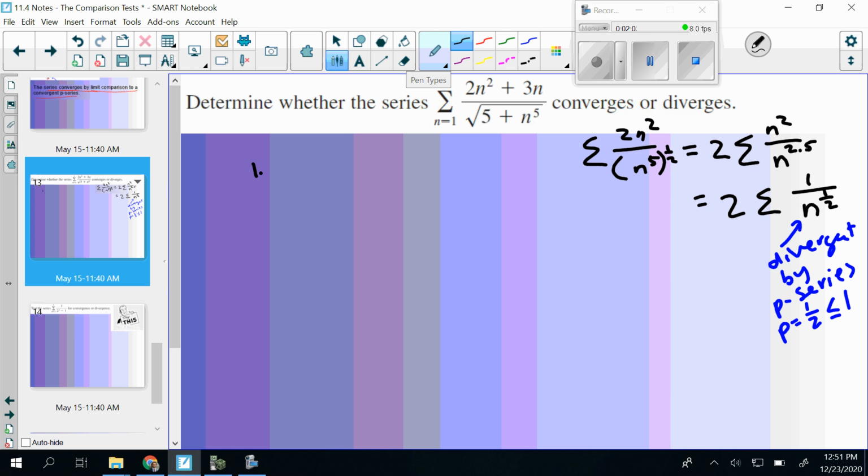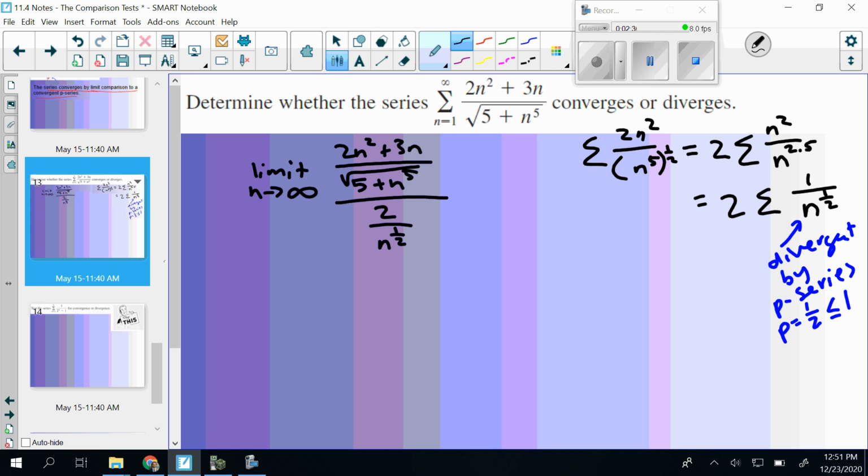We're going to take the limit as n goes to infinity of the series we're starting with, 2n squared plus 3n over square root of 5 plus n to the fifth, all over our comparison one, which we said was 2 over n to the half power, once we had simplified it.